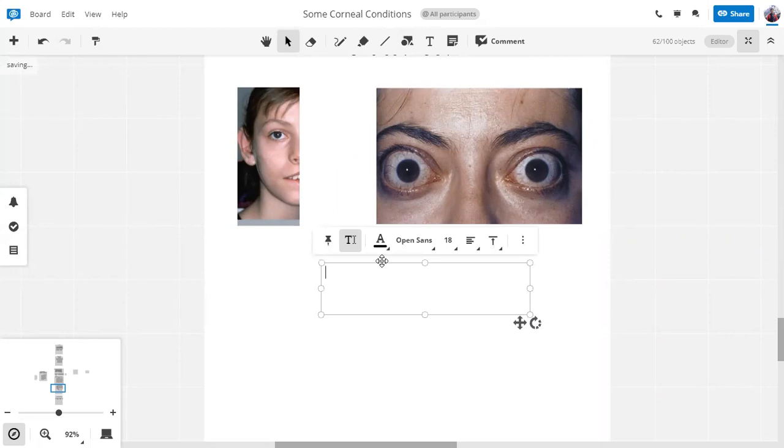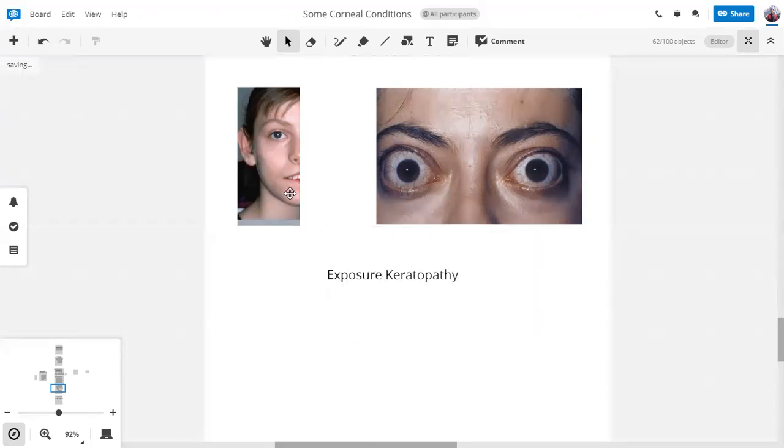It's not an ulcer, but it's a corneal lesion. Ulcer नहीं है तो हम kerato means cornea, हम keratitis use नहीं करेंगे. We will use a pathy. So it's a keratopathy due to exposure. That is what this disease is. Exposure keratopathy.